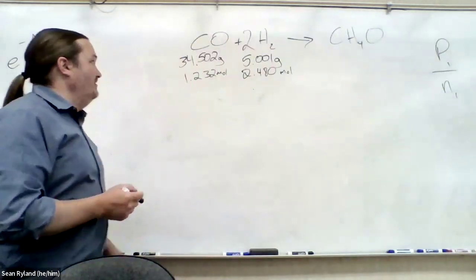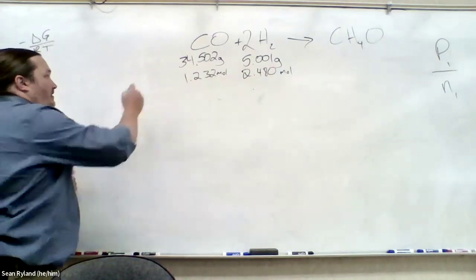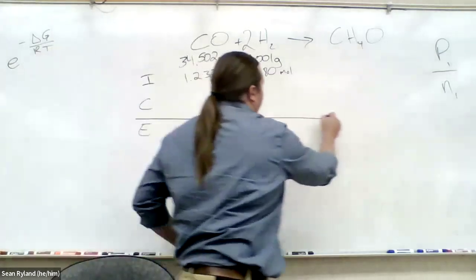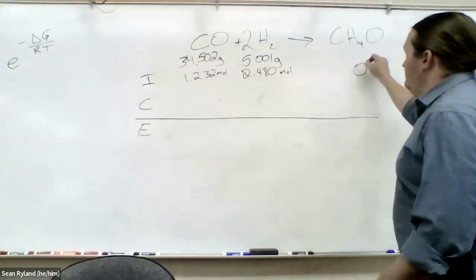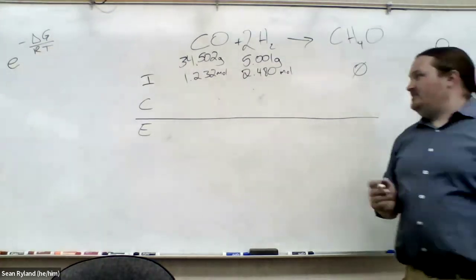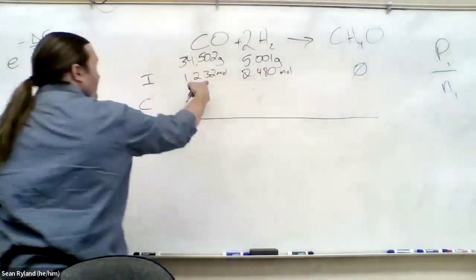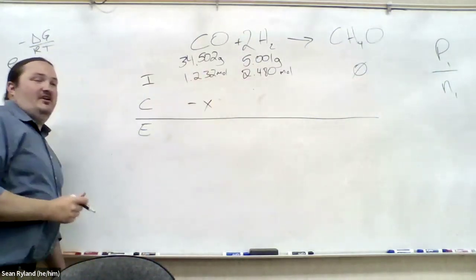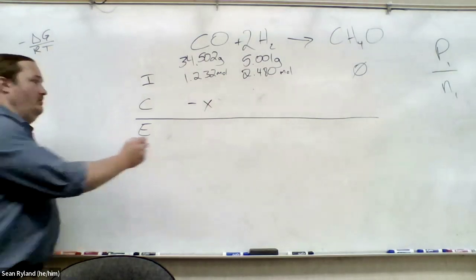We need our total moles at the end. And since we care about everything's final number of moles at the end, an ICE table works well. Because if carbon monoxide is running out first, that's going to be enough for us to solve for X right there.